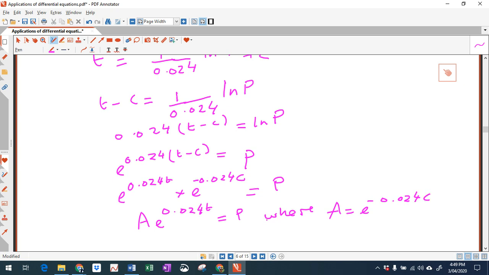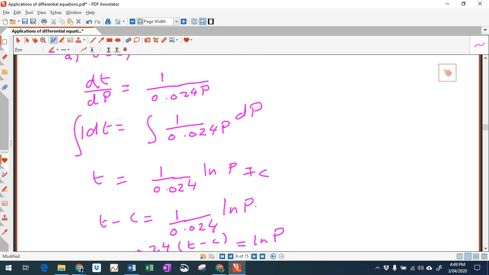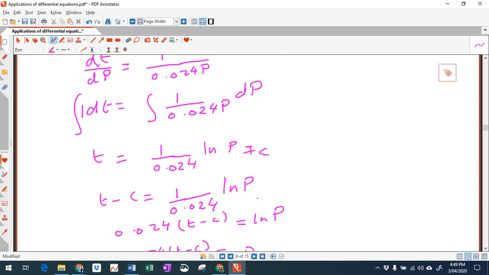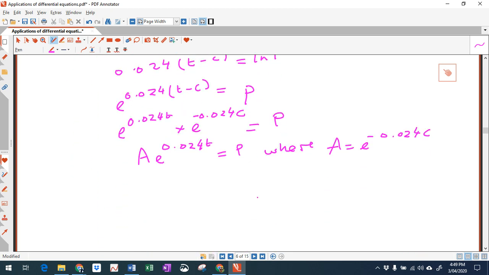Okay, good. Now we've got to find out what a is, and we are given some information about that, because if you go back to the top there, we're told that t is 0 and p is 35,000. So using initial conditions, t is 0 and p is 35,000, that's going to allow me to say 35,000 is equal to a.